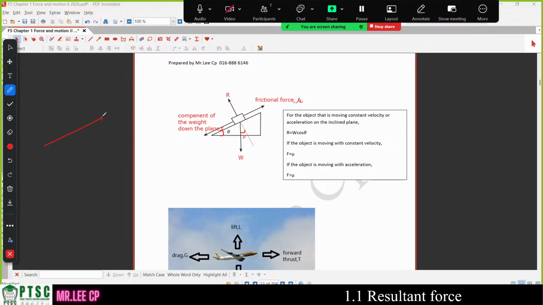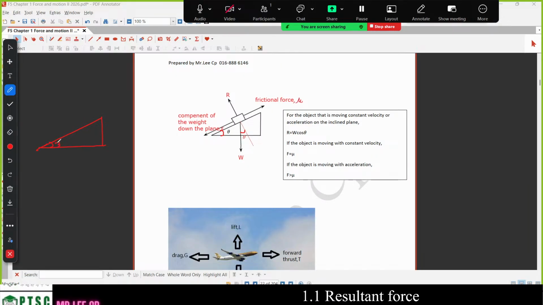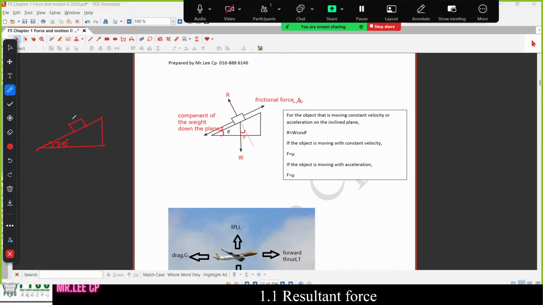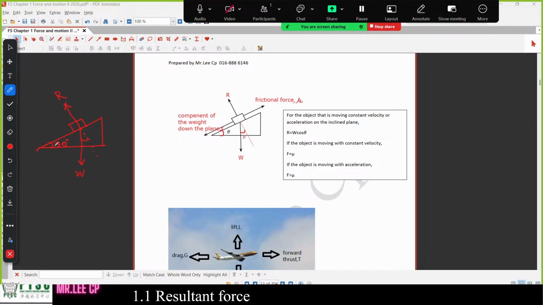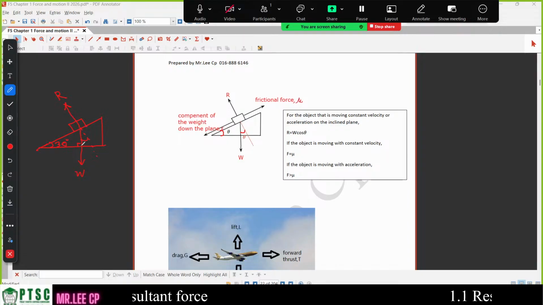For example, right here, I take this one as 30 degrees. Now this is the weight going downward. This is the reaction going this way. What is this angle? 30. Why? Teacher, why 30? So this is 30. This is 90 because of the right angle.